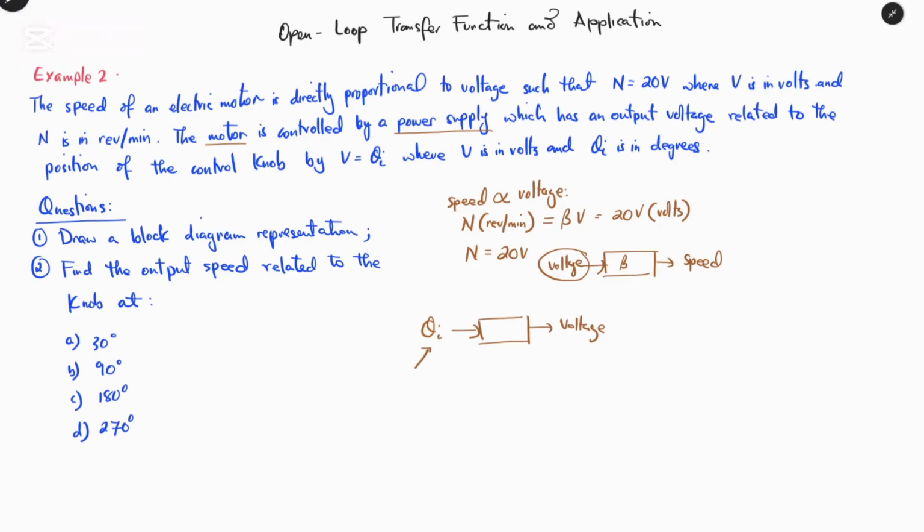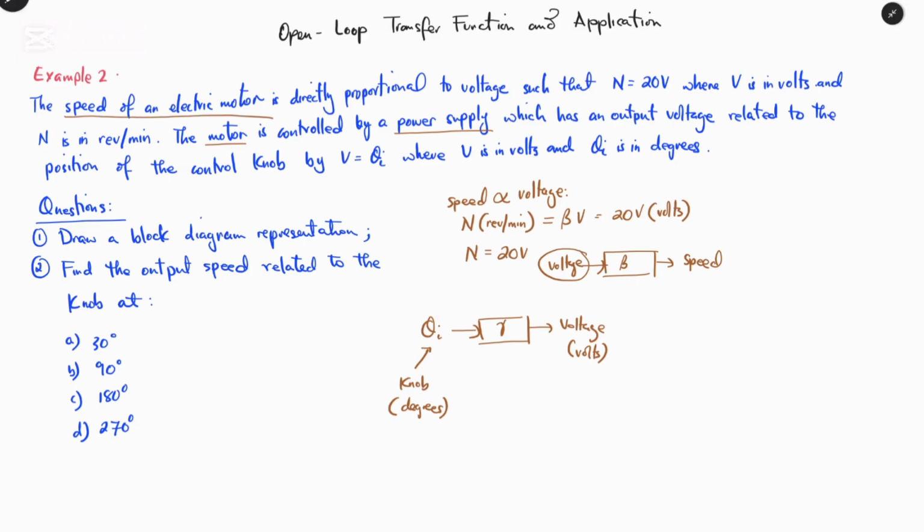So this represents the knob and this represents the voltage output, and it also has a gain which we can call sigma. The knob is measured in degrees and the voltage is in volts. So these are the two relationships with which we can control the speed of an electrical motor.